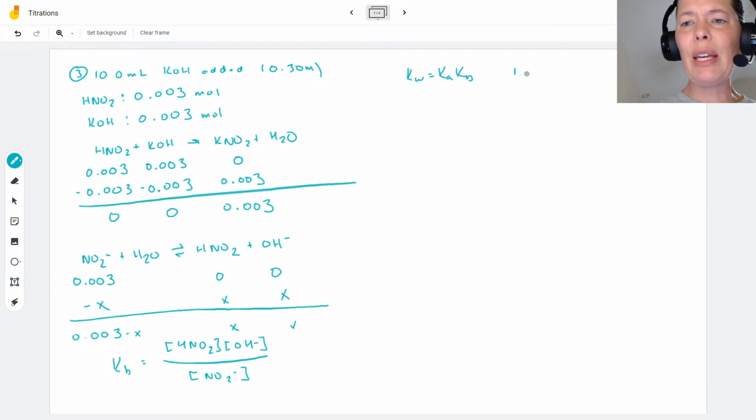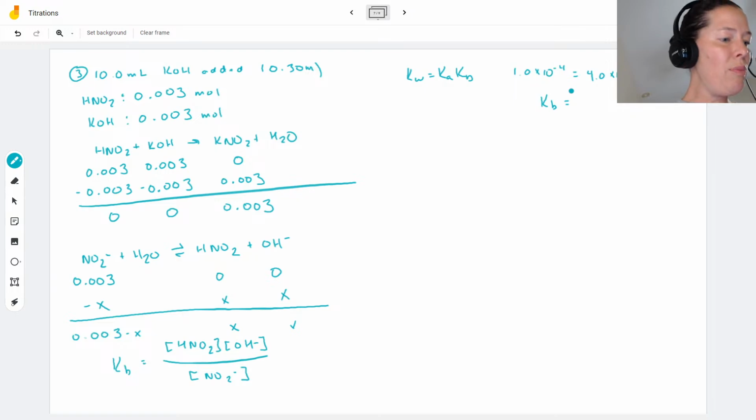So that's going to be 1 times 10 to the negative 14th, and our Ka here is 4 times 10 to the negative 4th. We are calculating our Kb. So our Kb for nitrite is 2.5 times 10 to the negative 11th. Yes. All right. And again, it makes sense. This is a very weak base in solution, but it is still a weak base.